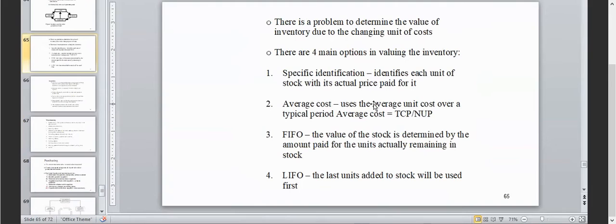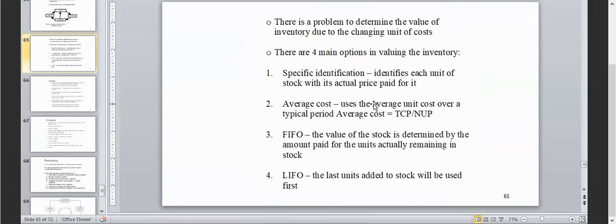There is a problem in determining the value of inventory, and we have four main options in valuing the inventory. First option is specific identification, where we identify each unit of stock with the actual price paid for it.